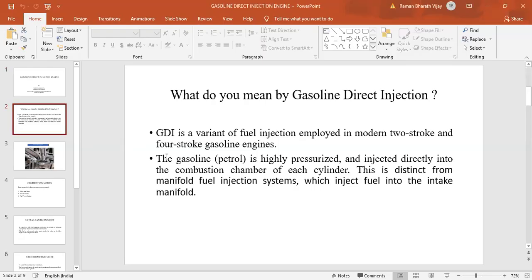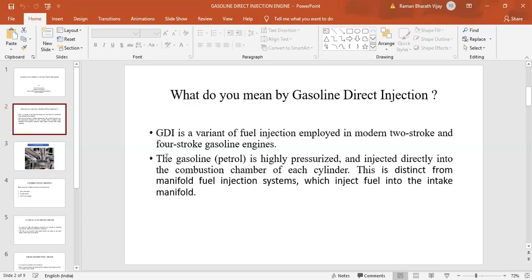First, we have to know what gasoline direct injection is. Today, whether it is a two-stroke engine or a four-stroke engine, we use GDI. So what is the difference between GDI and other manifold fuel injection systems? What is the basic difference?